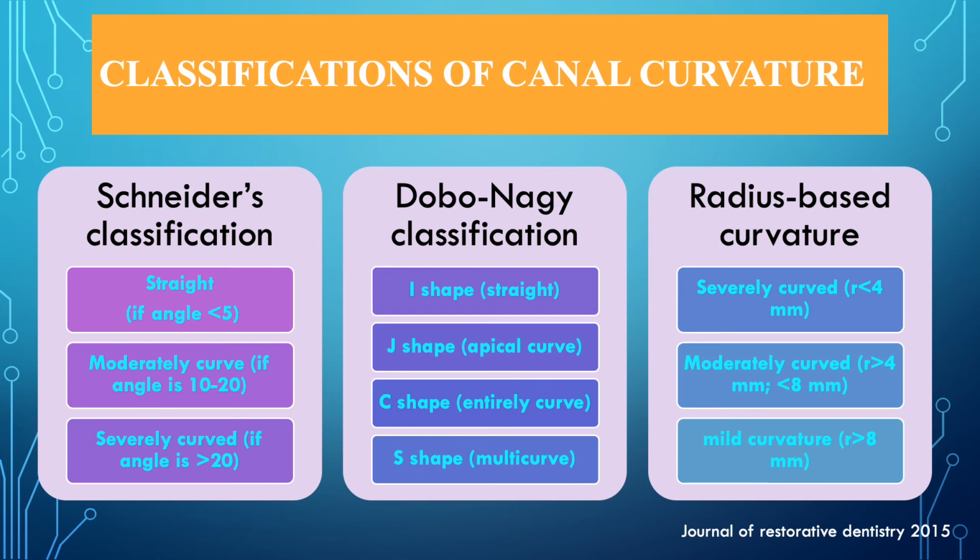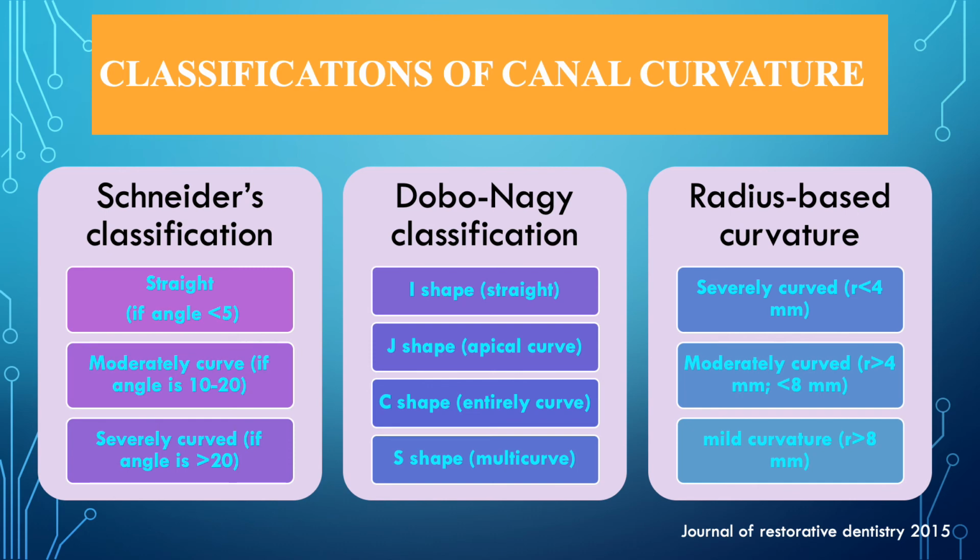Now, the canal curvature can be classified. There are three types of classification that are seen: the Schneider's classification, the Dobo-Nagy classification, and the radius-based classification of the curvature. When we consider the Schneider's classification, if the angle of curvature is less than 5 degrees, it is known as a straight canal.